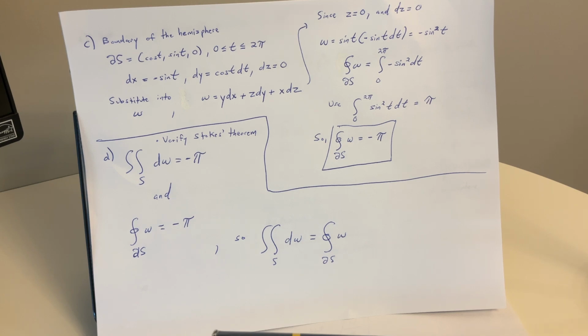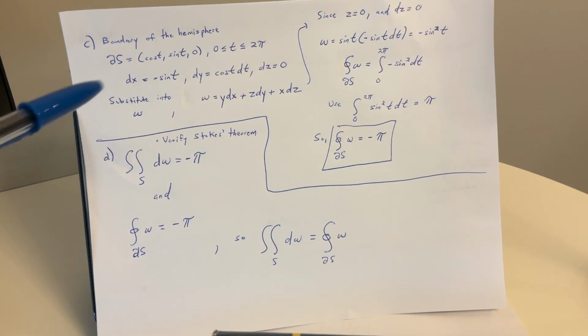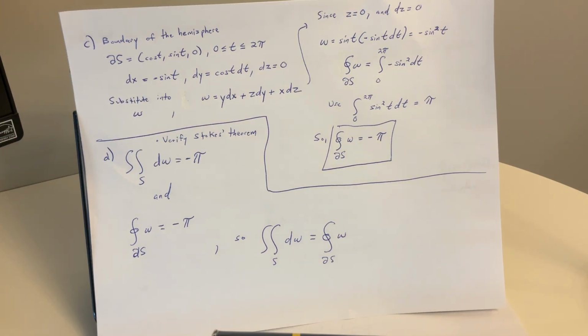Substitute into w. Technically, these are the differentials, right? w equals y dx plus z dy plus x dz. So, since z equals 0 and dz equals 0, w equals sine of t times negative sine of t dt.